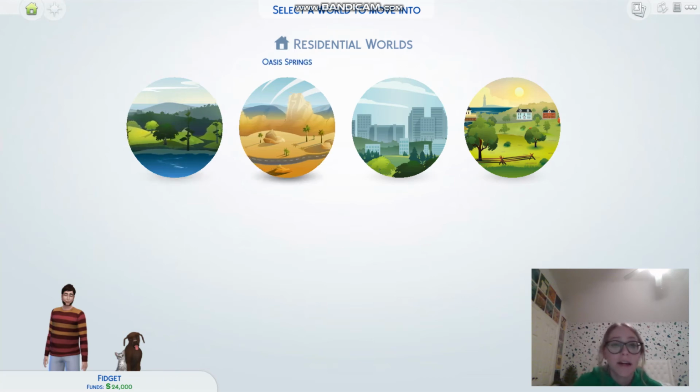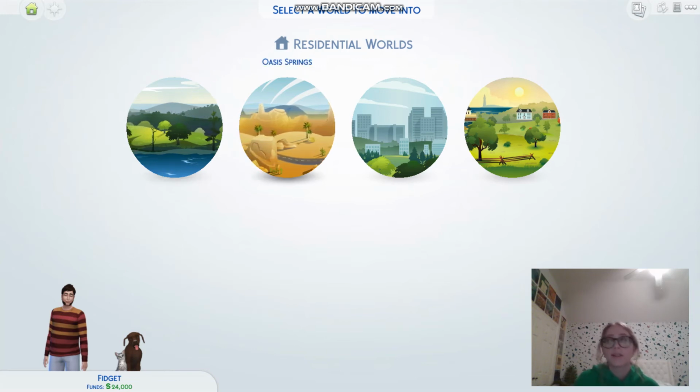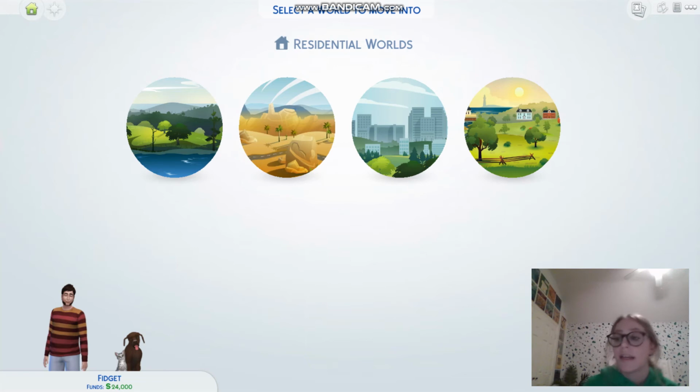And here is Oasis Springs, which is a desert. You see there's a dinosaur there, which they're extinct. I don't know why that's there, but lizards would live here. And as you can already tell, these are totally different. These are unique ecosystems, and in turn they will have different species, and there will be different biodiverse environments.